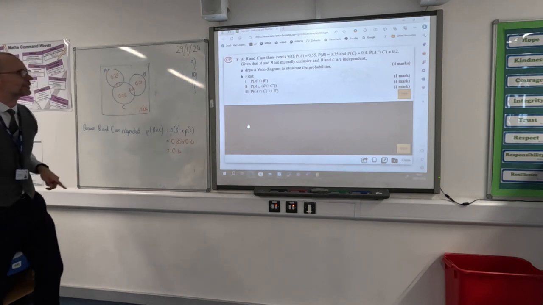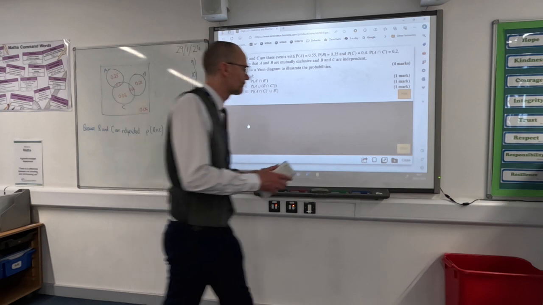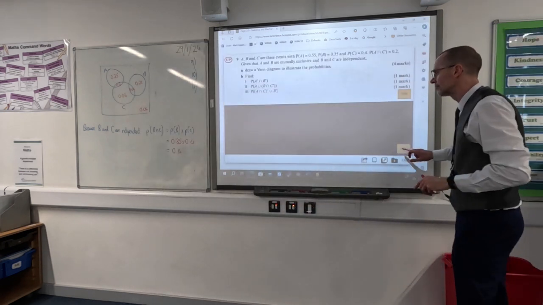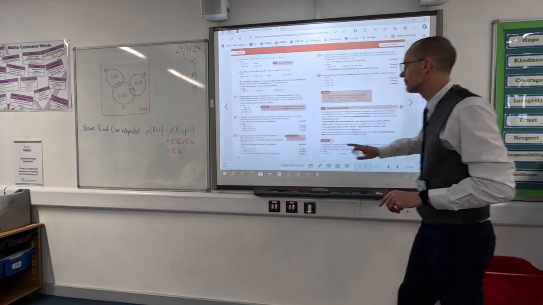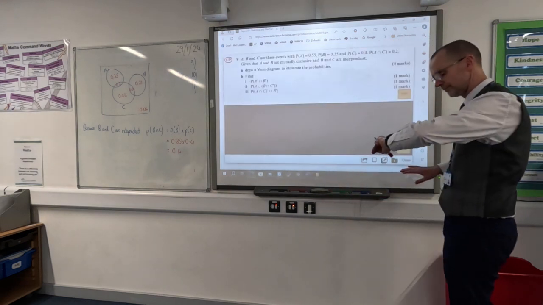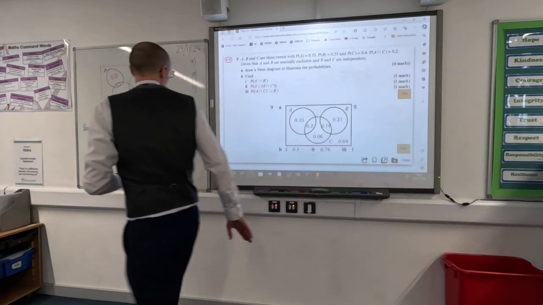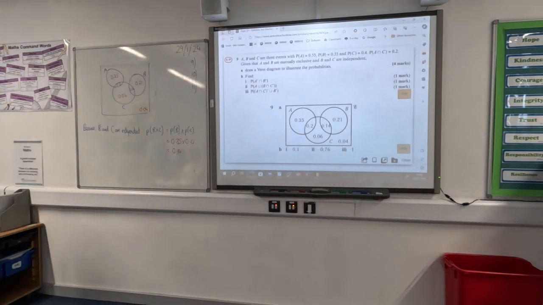And that's how it's presented in the diagram. Use that to work out A as well, and then use minus the overlap.